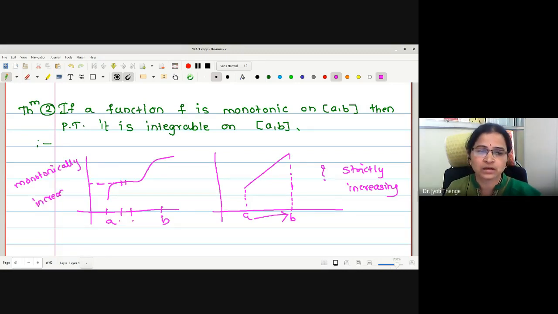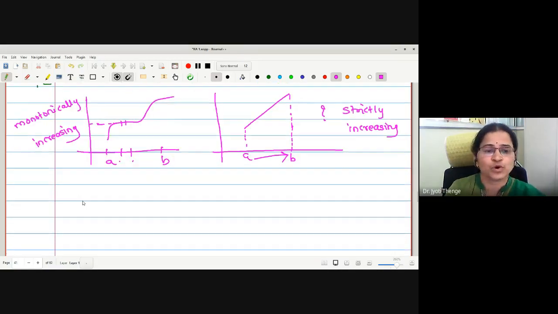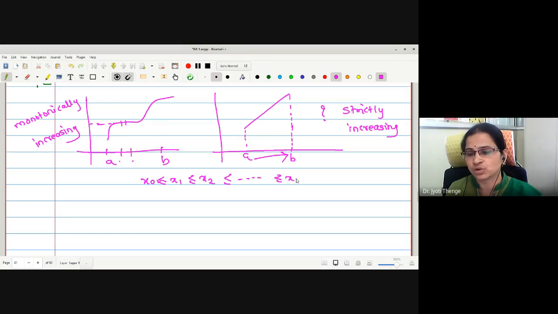And if I want to write in mathematical language, suppose we have made the partition with points x naught less than or equal to x1 less than or equal to x2, and so on, less than or equal to xn. Then strictly increasing means that f of x naught is strictly less than f of x1, strictly less than f of x2, and so on, strictly less than f of xn.